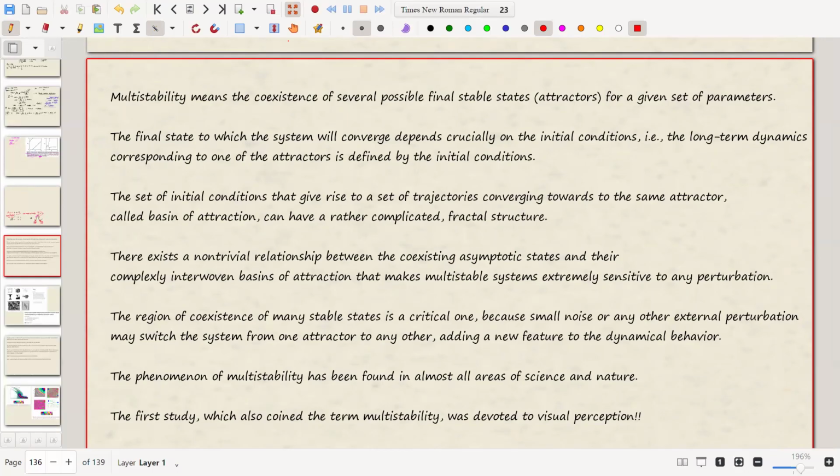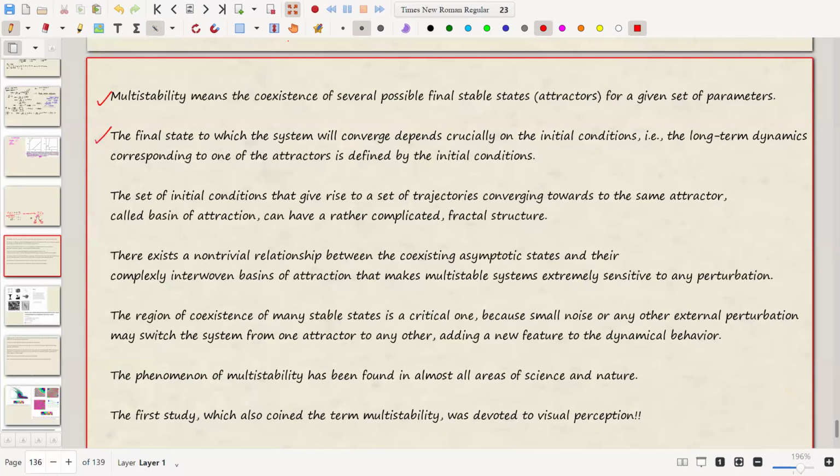The final state to which the system will converge depends crucially on the initial conditions. I hope you can deduce what is meant by this from the diagram I showed you for the Newton fractal. A tiny change in the initial condition can lead the long-term dynamics to two different outputs. That's what multistability is all about.